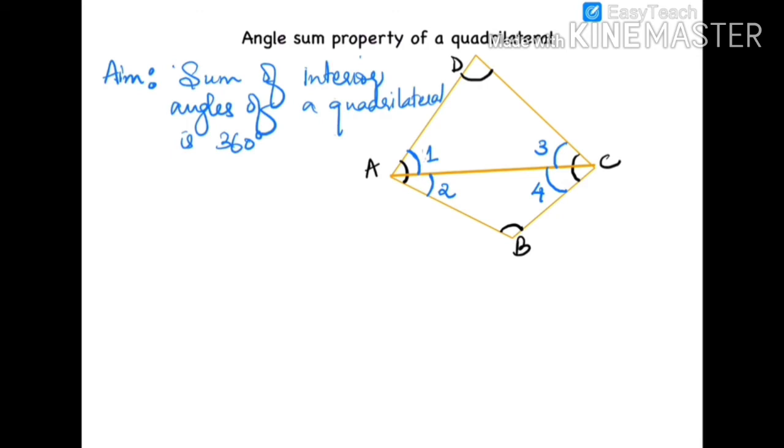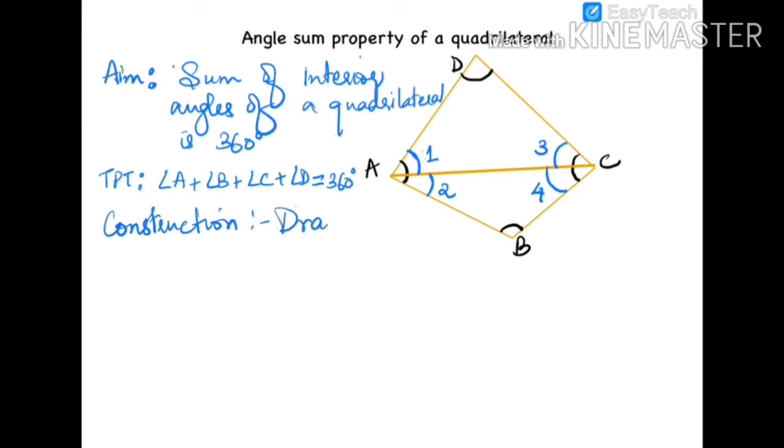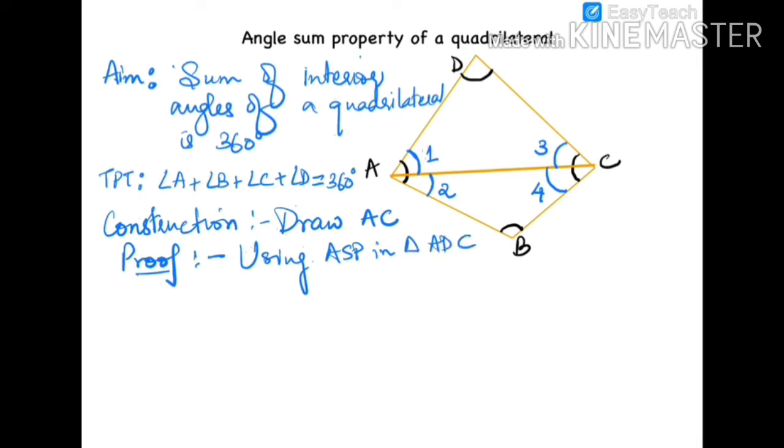We are trying to show that the sum of interior angles of a quadrilateral is equal to 360 degrees. So we have to show that angle A plus angle B plus angle C plus angle D is equal to 360 degrees. In order to do that, we have drawn the diagonal AC. So let's use angle sum property in triangle ADC.